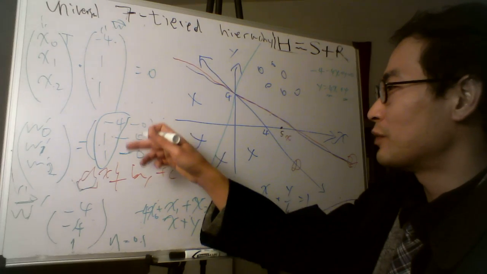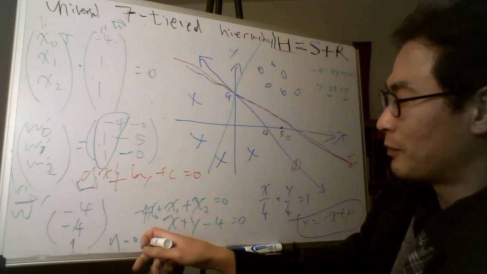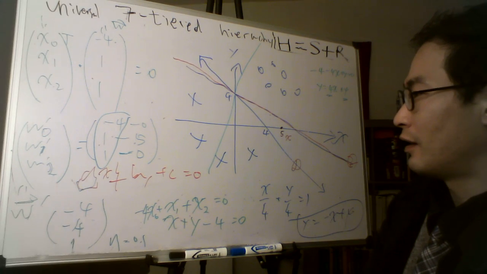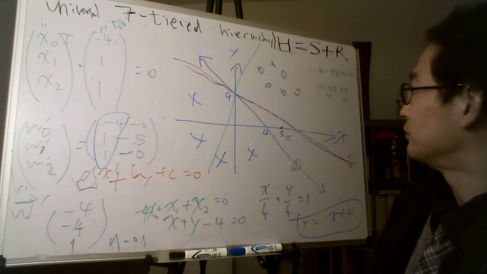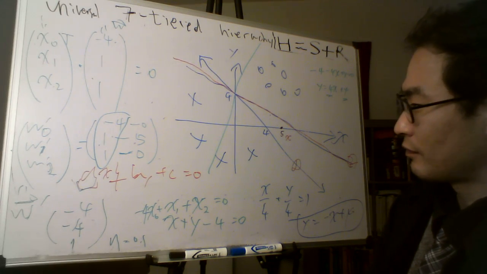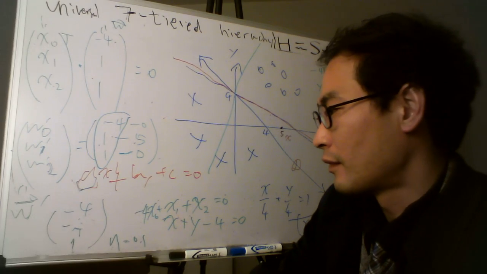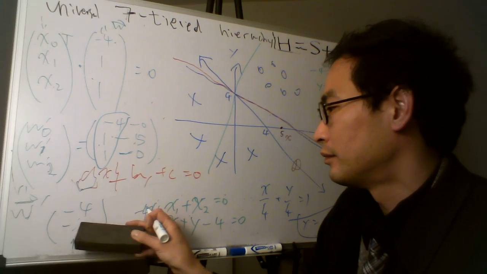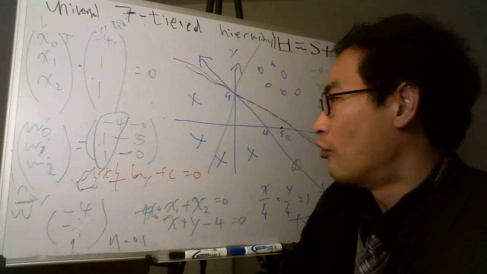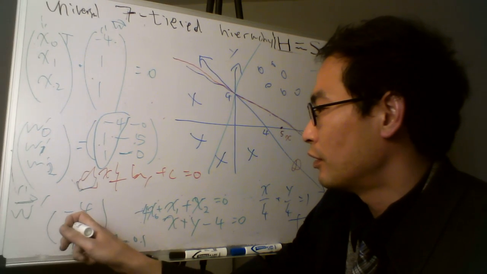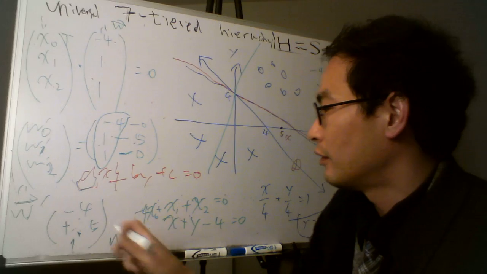Let's say that is 0.1. So before you subtract something, you multiply by this. Okay, let's say it is 0.5. So now this becomes 1 minus 0.5, it becomes plus 0.5.